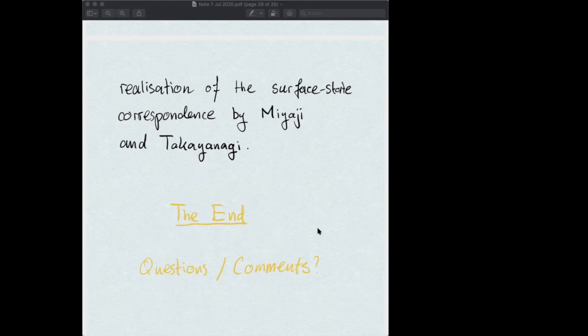So I have a question. Can I ask Jorrit? You talked about the correlation functions after the deformation and also S-matrix elements after the deformation.